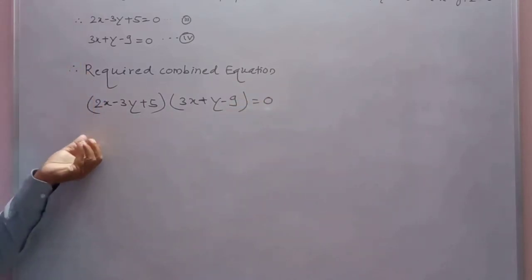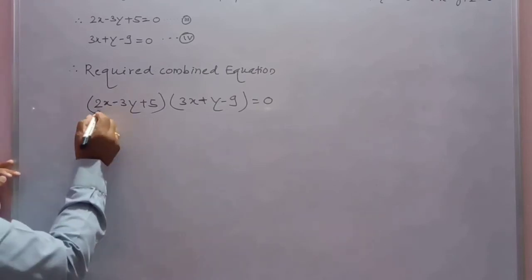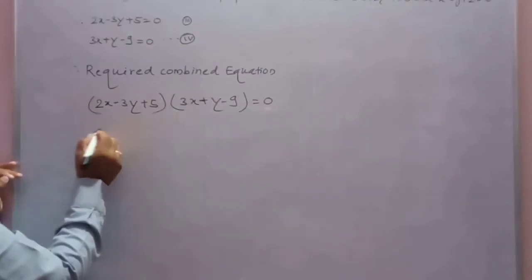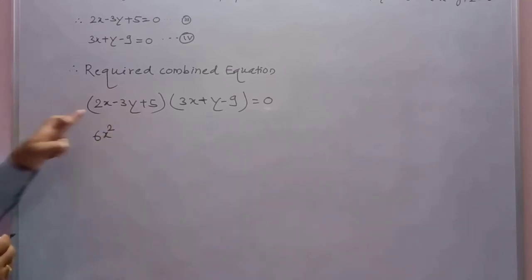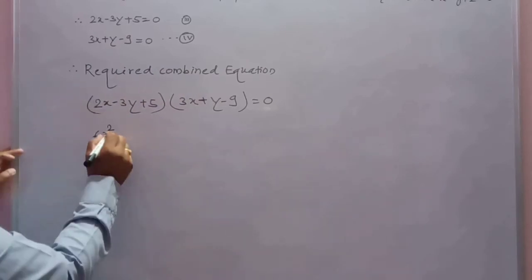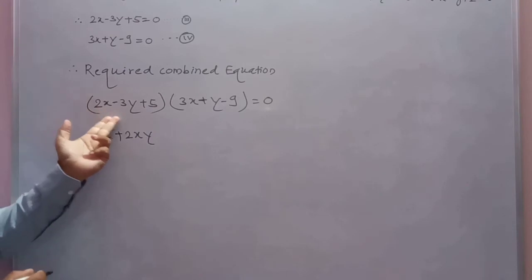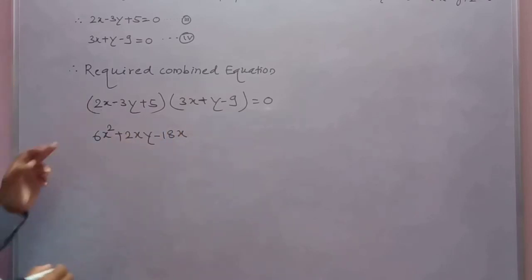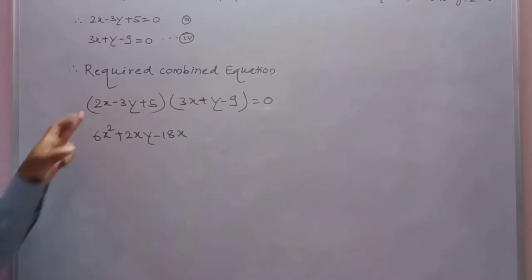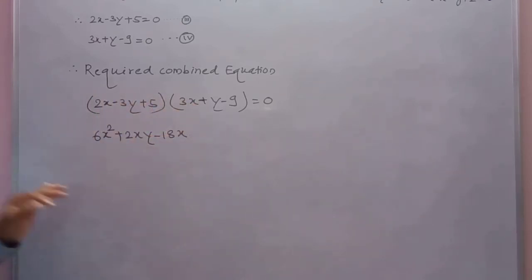We multiply 2x into 3x, 2 into 3 is 6, x into x is x square; 2x into y is 2xy; 2x into minus 9 is minus 18x.